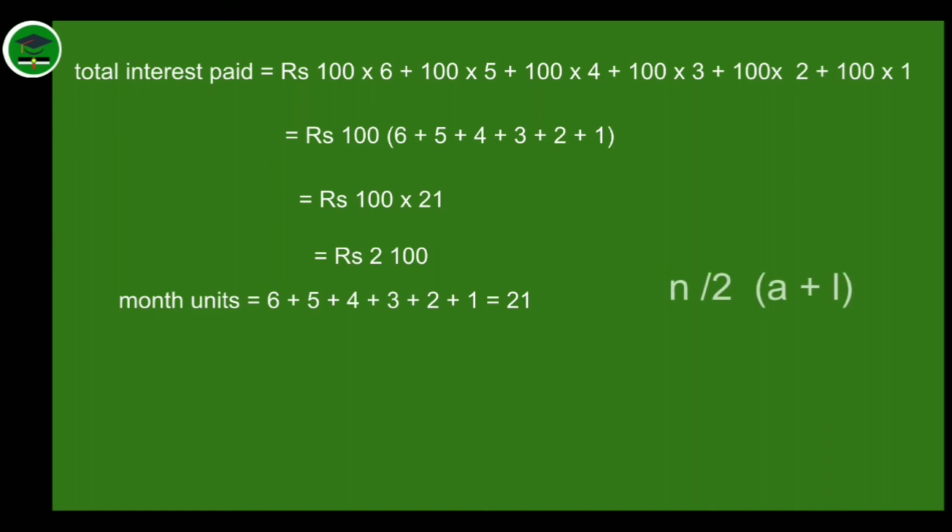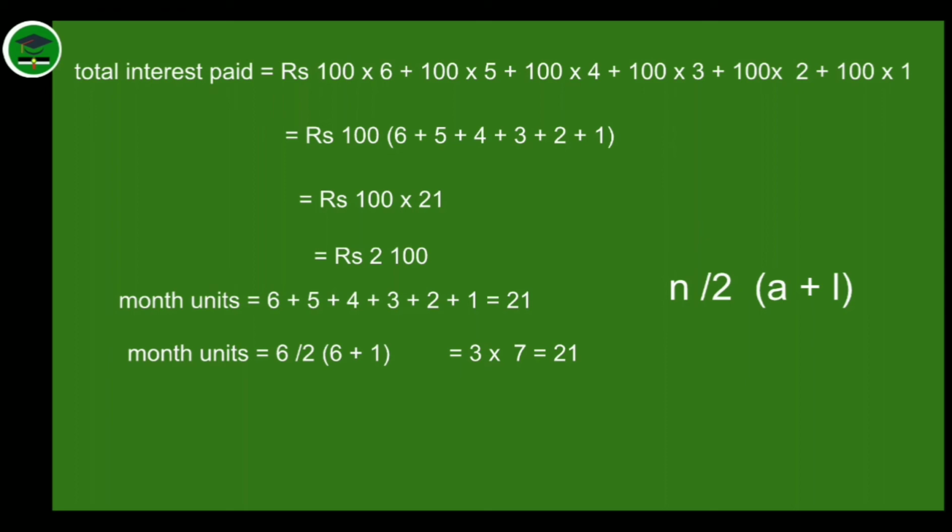So you can find using this formula, n over 2 times a plus l. n is the number of terms, a is the first term, l is the last term. So here how many terms are there? 6 months. That means n equals 6, a is 1, l is 6. So after simplifying this you can get 21.